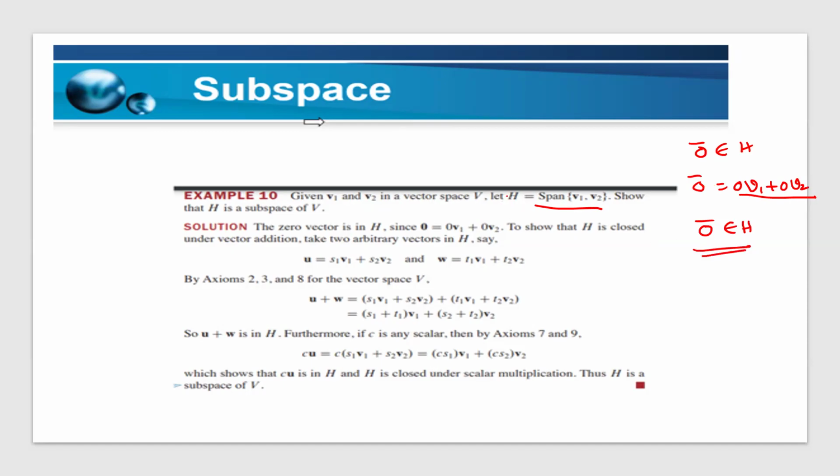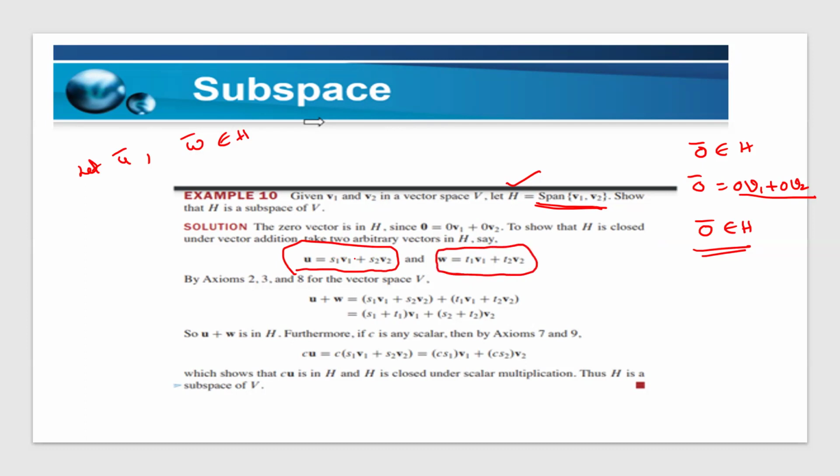Next, let us take two vectors in H. Let u bar, w bar belong to H. H is nothing but the span of V1, V2. Therefore, u is of the form S1 V1 plus S2 V2, and w is of the form T1 V1 plus T2 V2.